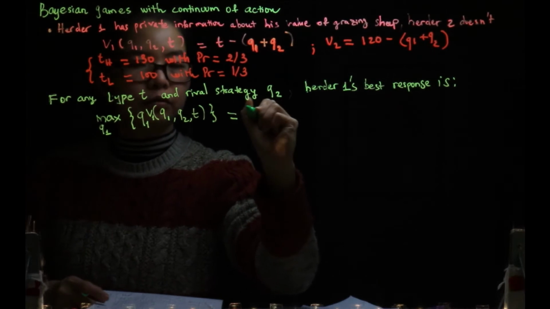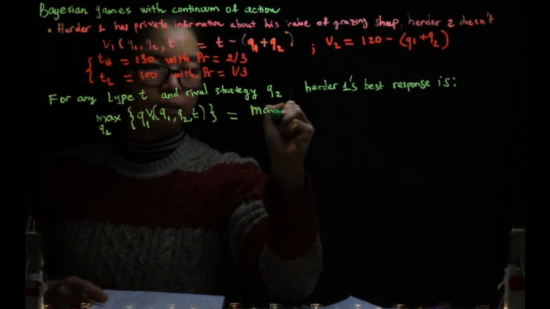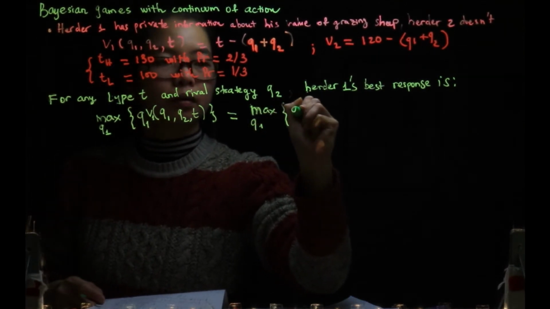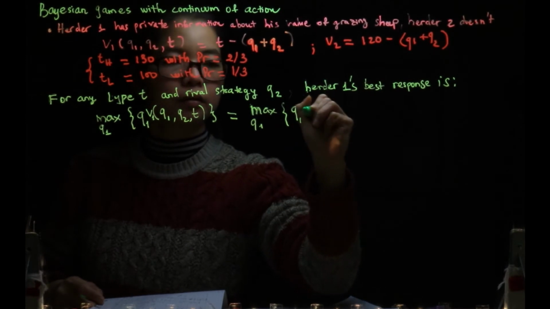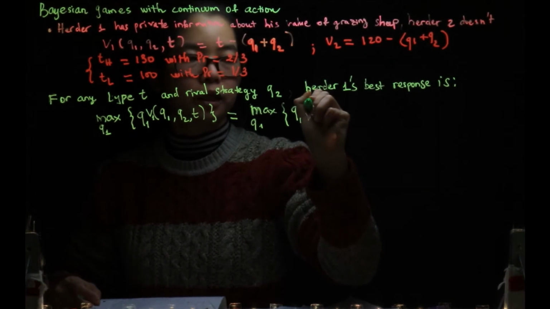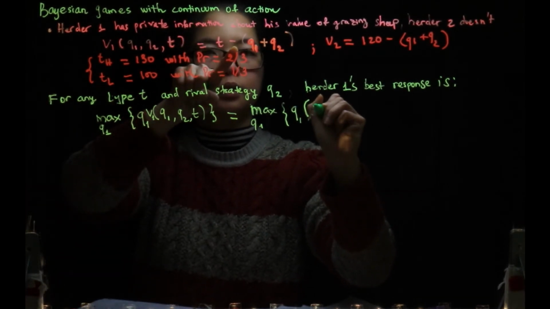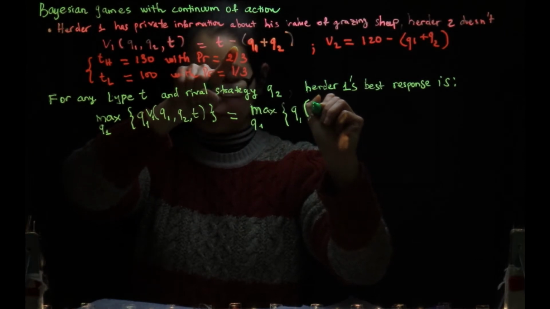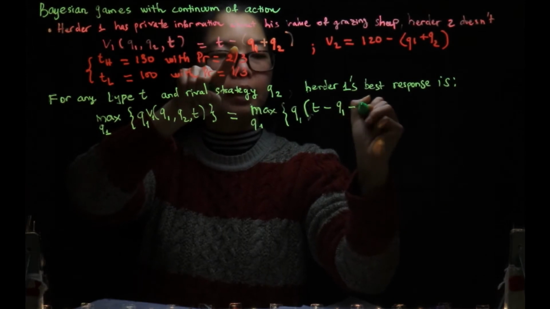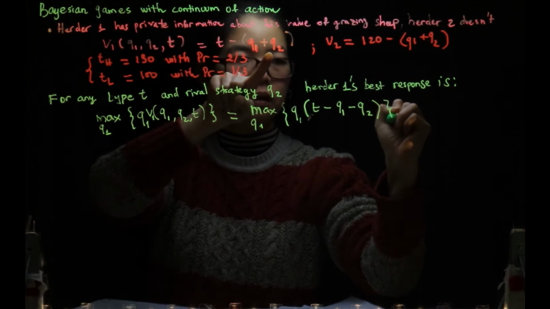Now we plug in the function: q1 times, in brackets, t minus q1 minus q2, because we open the bracket here.